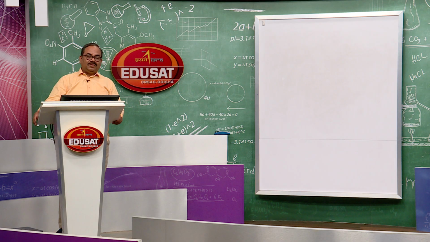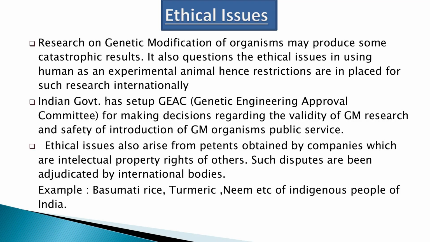Now, we shall come to some important aspects of biotechnology, that is, the ethical issues. So, what are ethical issues? Research on genetic modification of organisms may produce some bad effects. We have used Bt cotton, which is good, it has produced textiles, and there is almost no effect on humans from the use of cotton produced from Bt cotton plants.